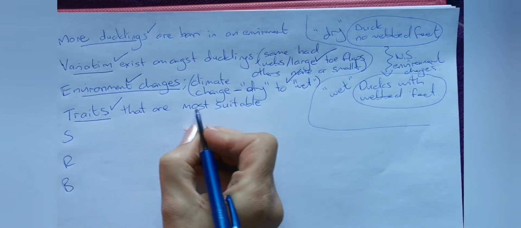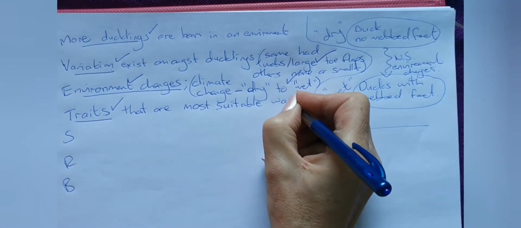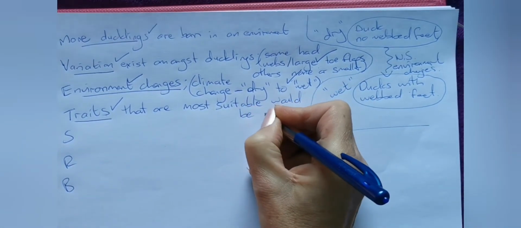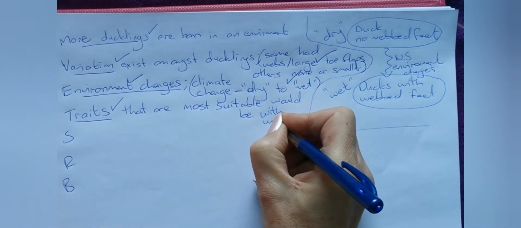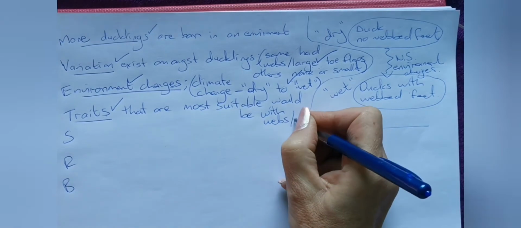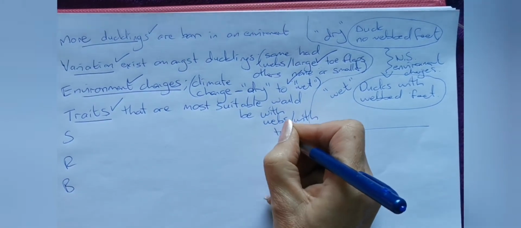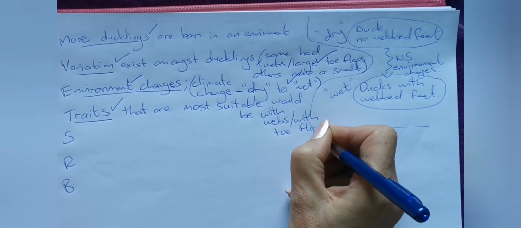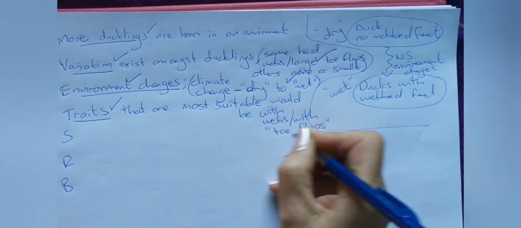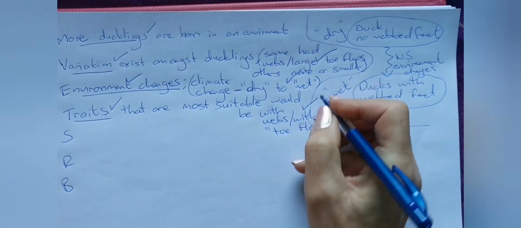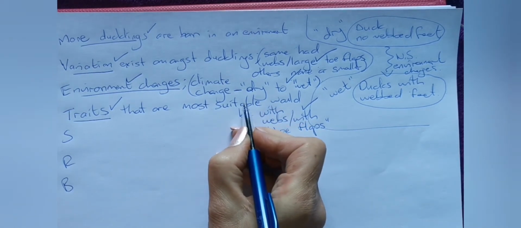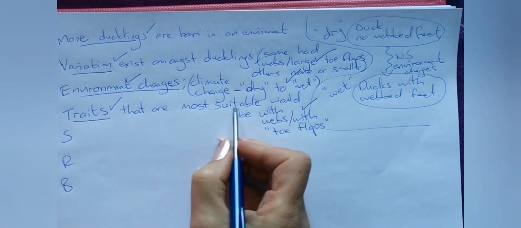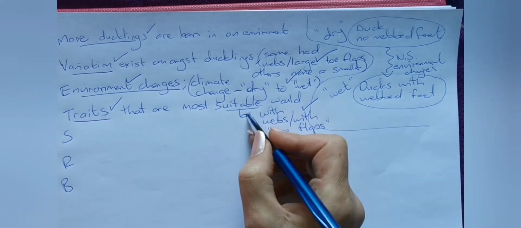So the traits that are most suitable would be the ones with webs or toe flaps, anything like that. Again, if you put it in your own words, you'll get a mark for saying which actual trait would be the suitable one. So the trait that is most suitable would be the toe flaps.